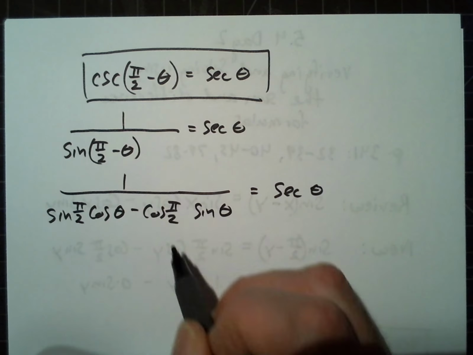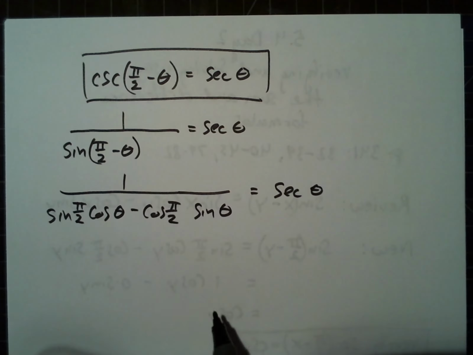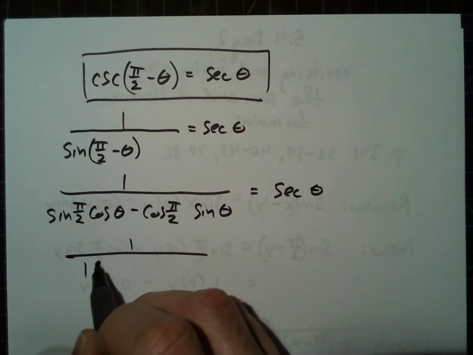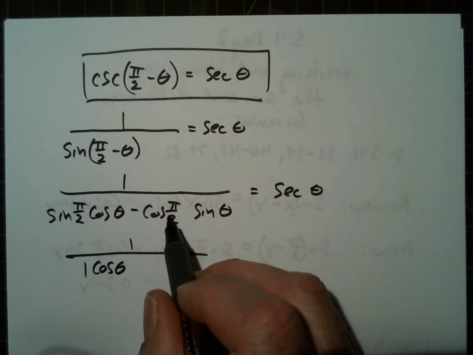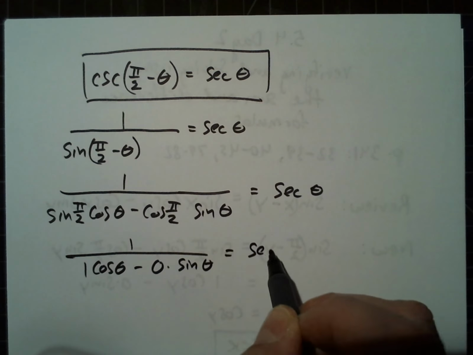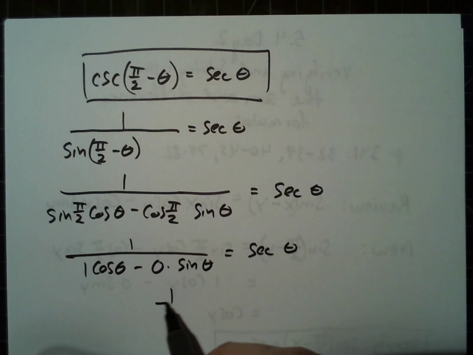With sine we use the same operation, and sine of pi over 2 is 1, cosine of pi over 2 is 0. So now we have 1 over cosine.